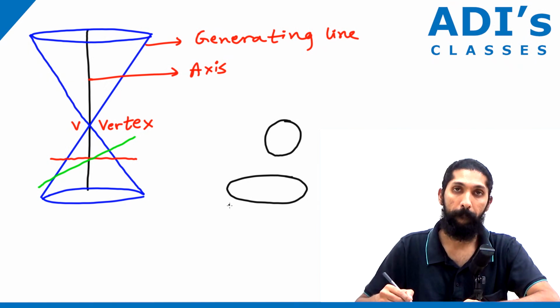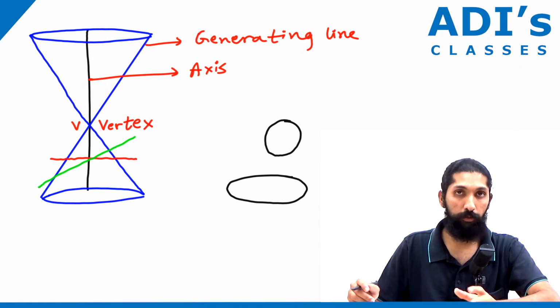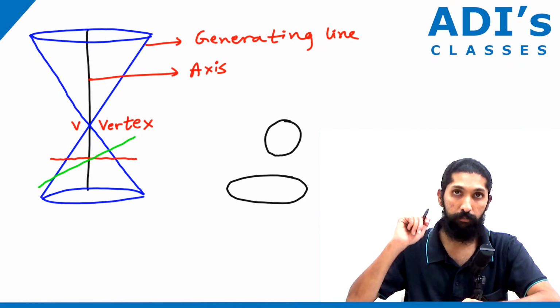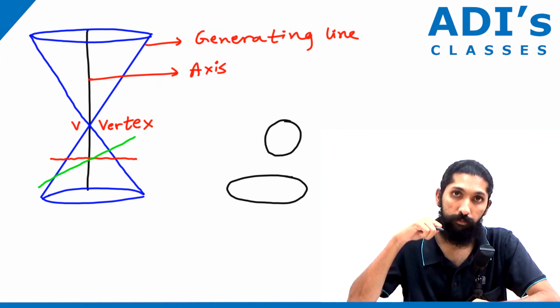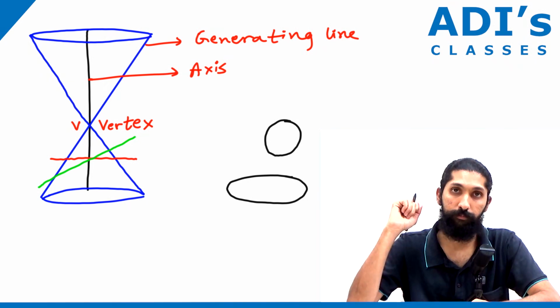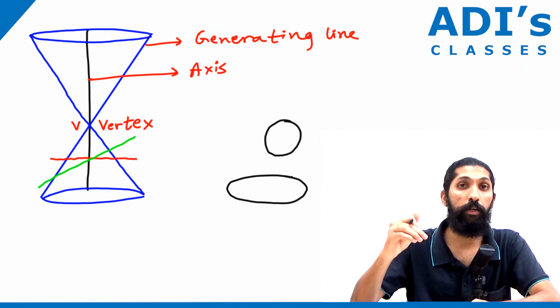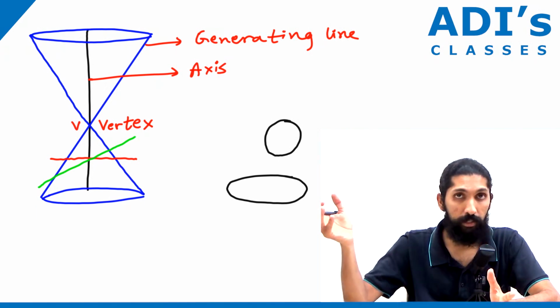Second type. Now, these two are closed figures because you have a starting and an ending point. What if I cut the cone in a different fashion? What if I cut it in such a way that it keeps on extending?